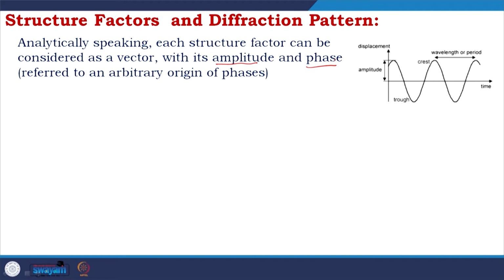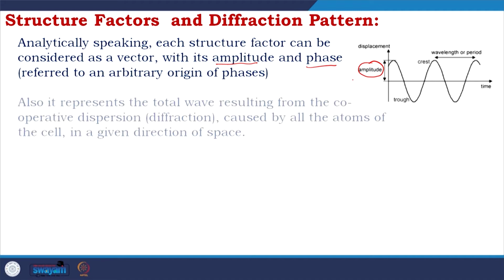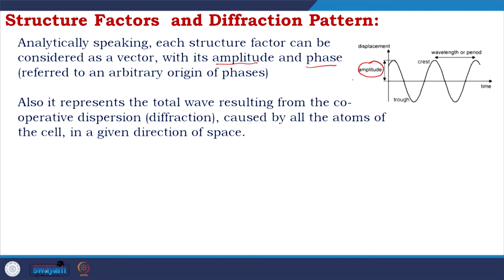So, if you see, it is a wave where you get the amplitude of the wave, which is the value which will give you the intensity, okay, and then you get the angle, which is phase. Also, it represents the total wave resulting from the cooperative dispersion, which is diffraction, caused by all the atoms of the cell in a given direction of space.